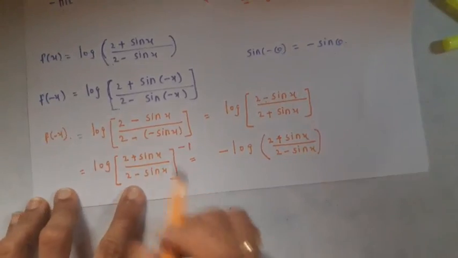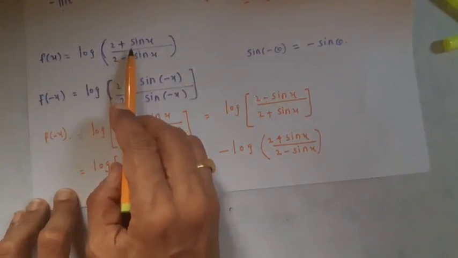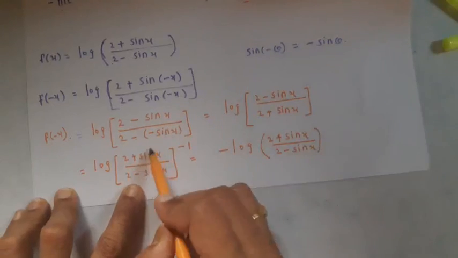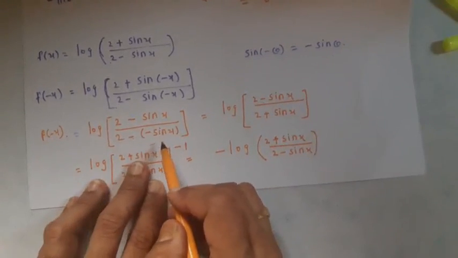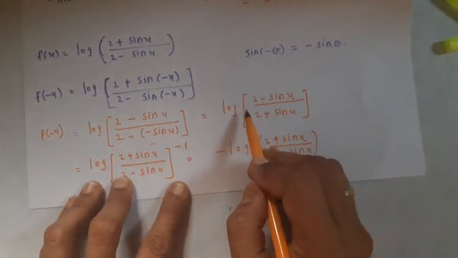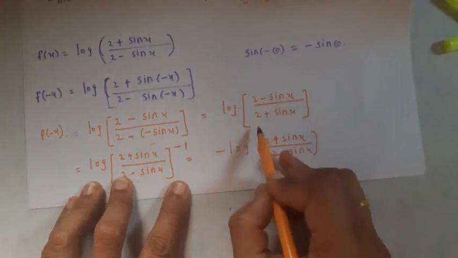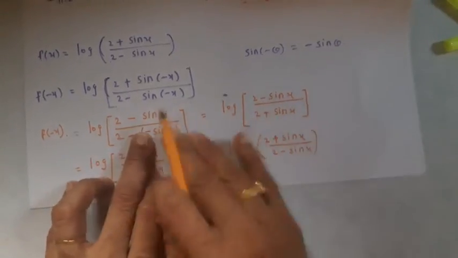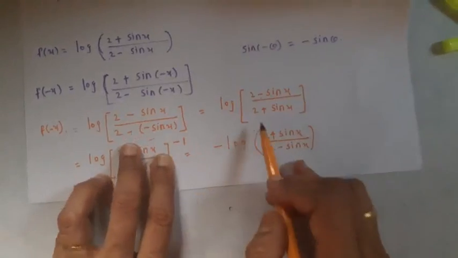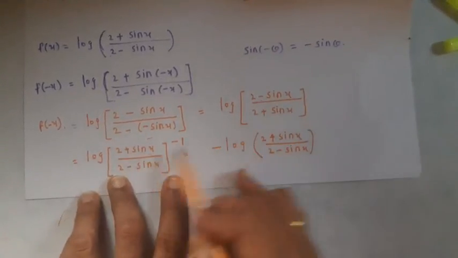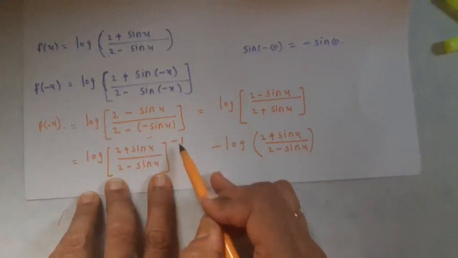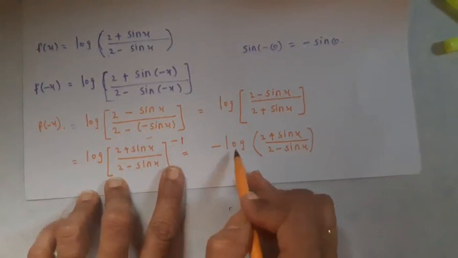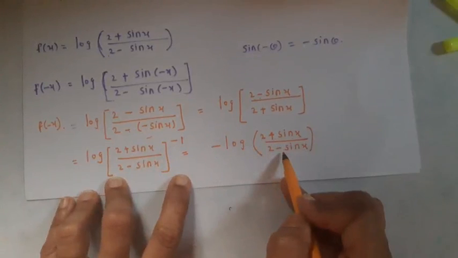See students, f of x equals this. F of minus x, by using this formula, we have this, and this is log of 2 minus sin x upon 2 plus sin x. Means, if we change it here, we can write log of 2 plus sin x upon 2 minus sin x raised to minus 1, and by log of m raised to n, minus log of 2 plus sin x upon 2 minus sin x.